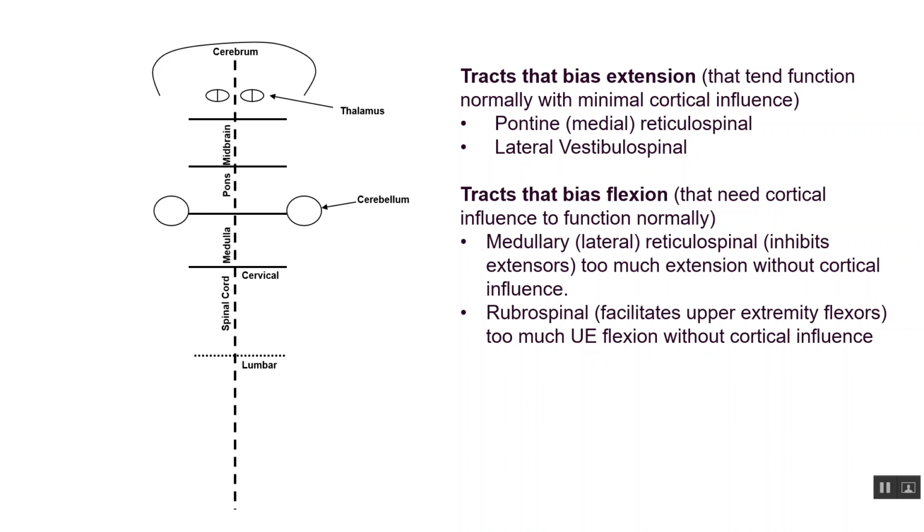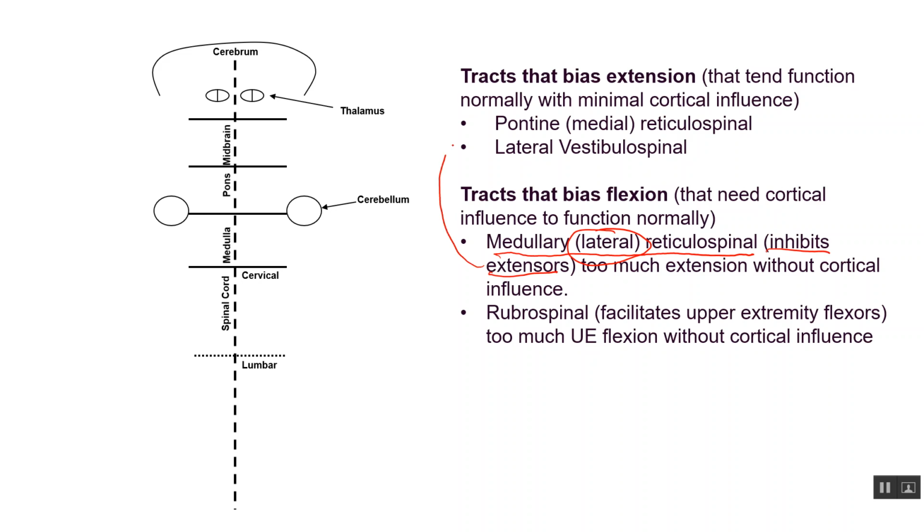However, we do have tracts that tend to bias flexion to counteract those extension bias tracts. So we're always walking this fine line of balance between flexion and extension, depending on the task we're doing. Some of those tracts are the medullary lateral reticulospinal tract, which is a part of the lateral activating system because it tends to bias flexion. And it inhibits the extensors.